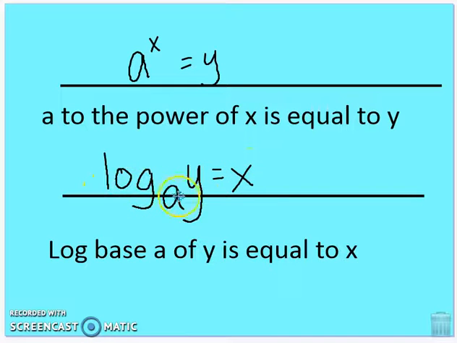So things get confusing when the a starts shifting up and goes on top of the line instead of directly on the line, because you can write log with a base of 10 of a to the power of y is equal to x, and that means something entirely different. So that base value has to go on the line, and then the y value goes on top of the line, and then the exponent here goes on top of the line.